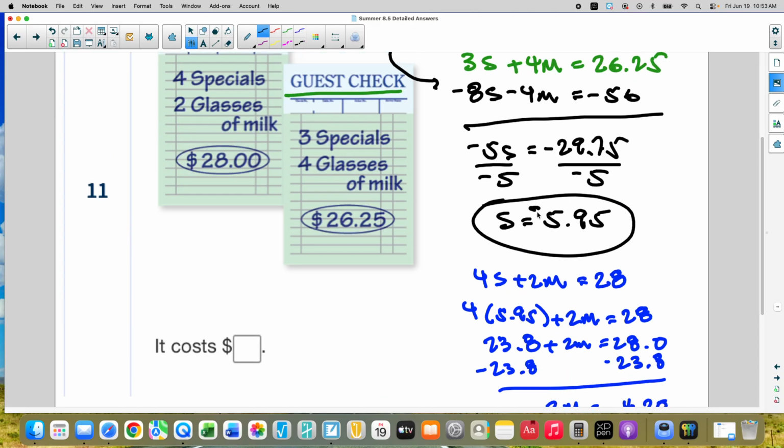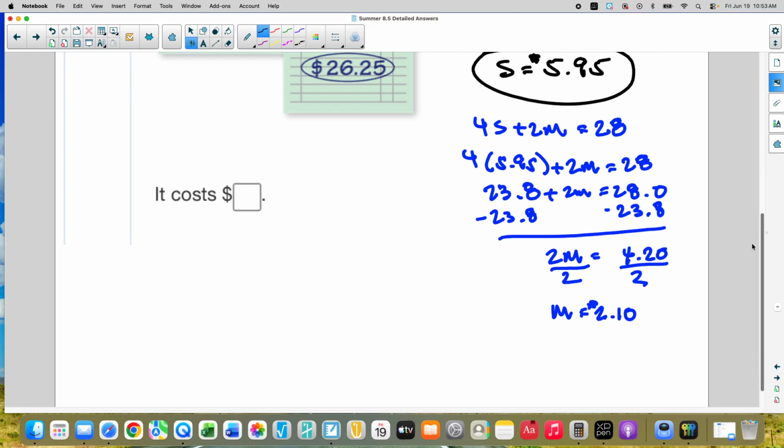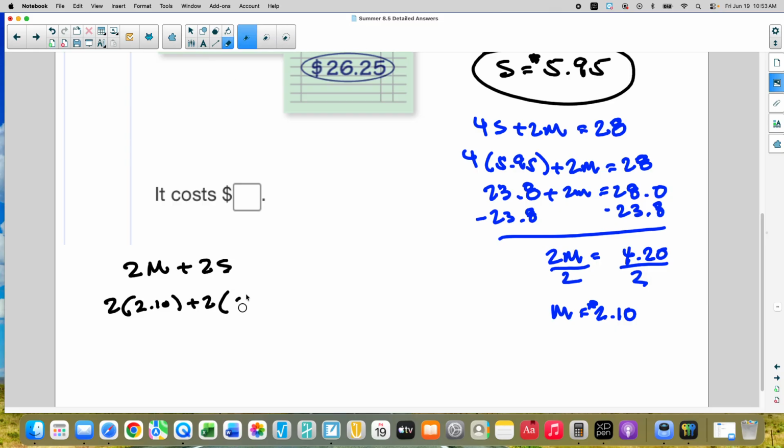The specials cost $5.95. So now it wants 2 milks and 2 specials. So 2 times the milk, which is $2.10, plus 2 times the specials, which is $5.95. So that gives us $4.20.